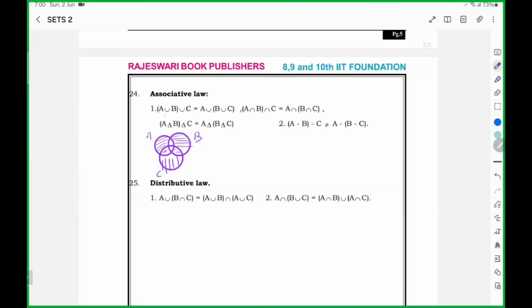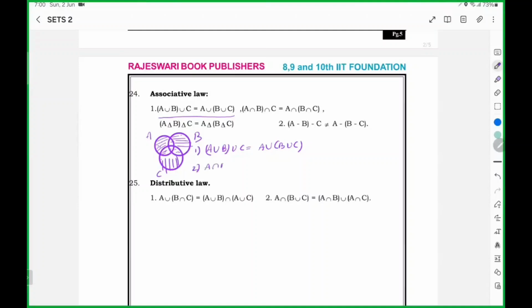So whatever may be the order, A union B union C is obviously the same. Right? A union B union C is entire, present in A, present in B, present in C, present in A and B, present in A and C, present in B and C. So here the first one is satisfied, we say the set satisfies the associative property with respect to the operation union.